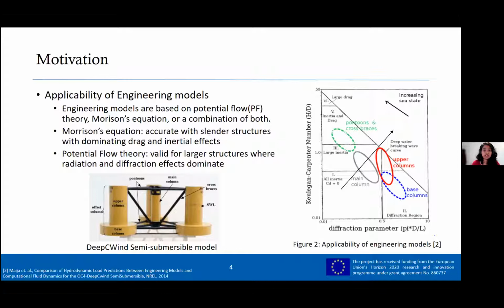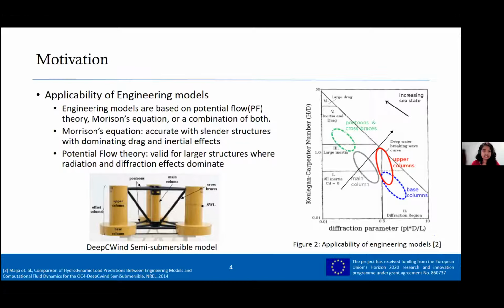Morison's equation includes drag and inertial effects, and this is only applicable to very slender structures. Potential theory is valid for larger structures where diffraction and radiation effects become prominent.